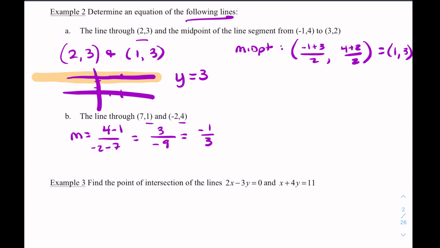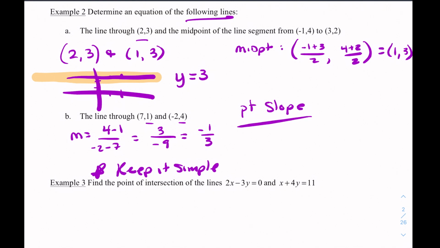Now, I'm just going to say this. Keep it simple. We found our slope. We have a point. Use point-slope form. It's the simplest way. Point slope. So I'm going to take the first one. We're going to be y minus 1 equals negative 1/3 times x minus 7.